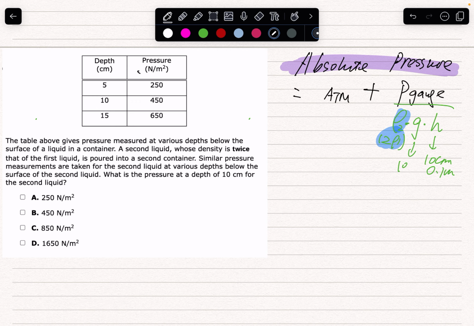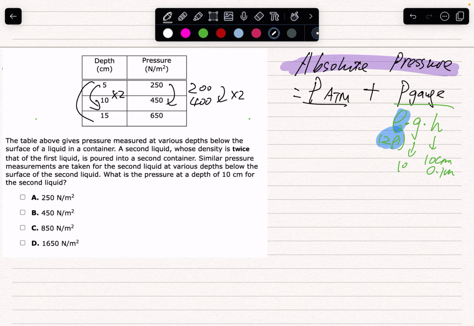So how do we solve this in a sneaky way? As you know, this absolute pressure contains the atmospheric pressure and the gauge pressure, right? And you notice that as I double my depth, this is not totally doubled. If I go from 200 to 400, then it's totally doubled, but not in this case.